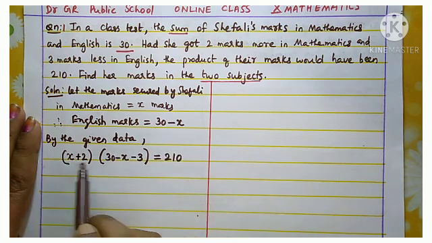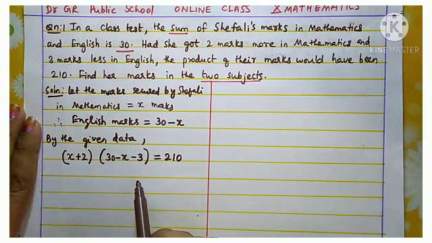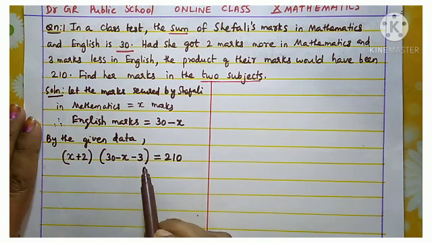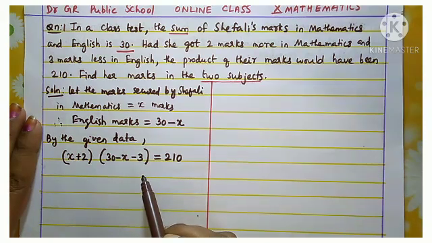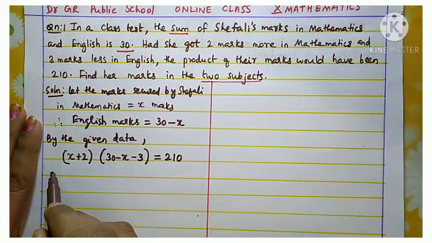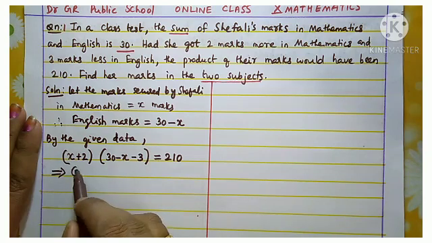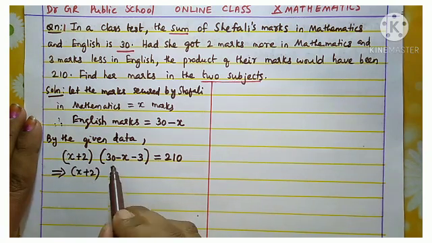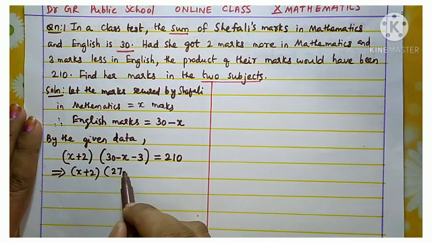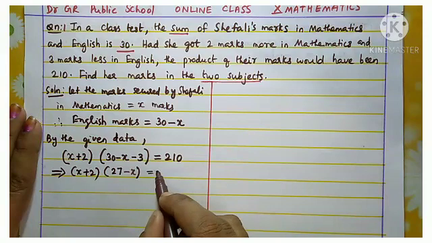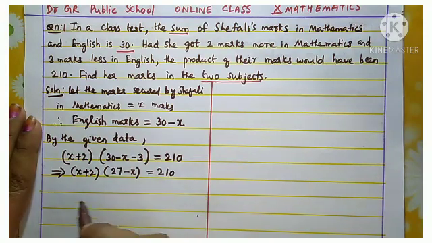Okay. Now from this we need to develop our quadratic equation to find the value of x. So what this implies? X plus 2 into, we can combine this 30 and minus 3. So it will be 27 minus x equal to 210.